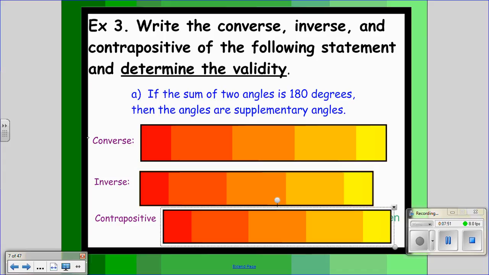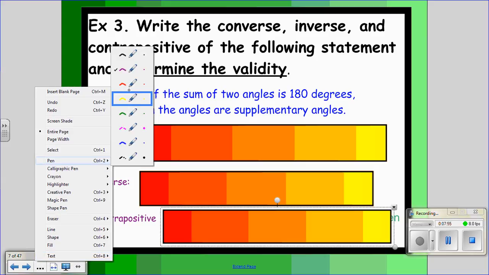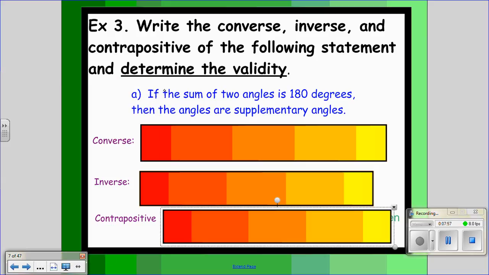So what I would do if I were you first and foremost is establish what P and Q are in the statement. So P again is after the word if, until you reach the comma. So this is P. And Q is after the word then. So again, the original statement was P, then Q.